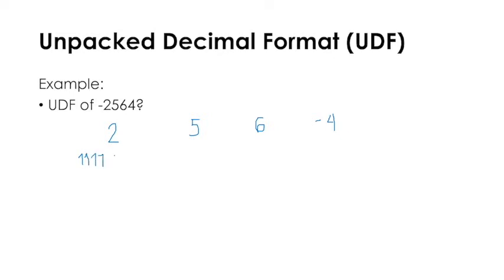And the BCD format of 2 is 0, 0, 1, 0. Again, zone bits for the next digit. Then the BCD format of 5 is 0, 1, 0, 1. For the third digit, again, zone bits.